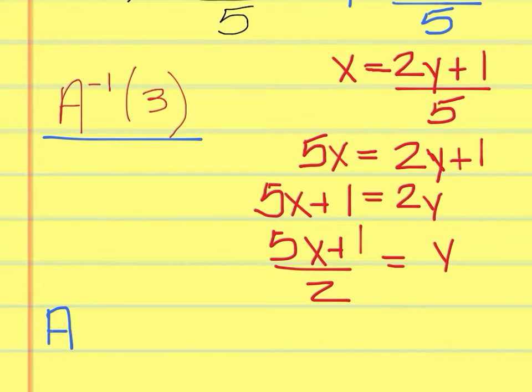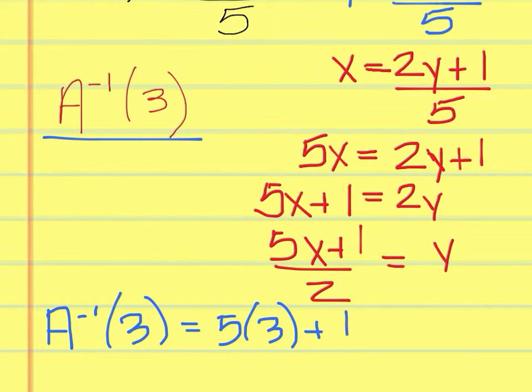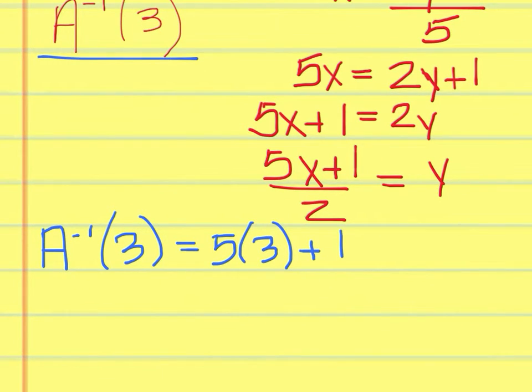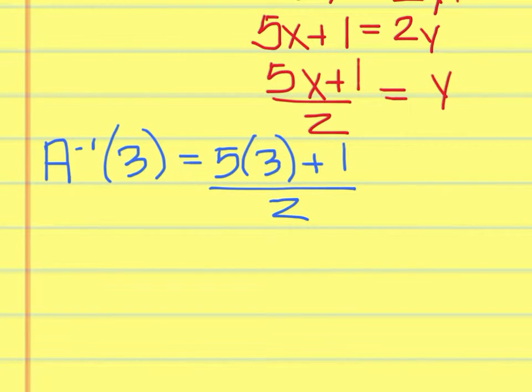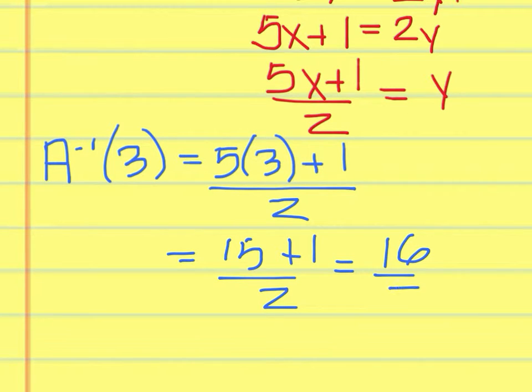So the inverse of a of 3 would be 5 times 3 plus 1, and then divide by 2. 15 plus 1 on the top becomes 16 over 2, which is 8.